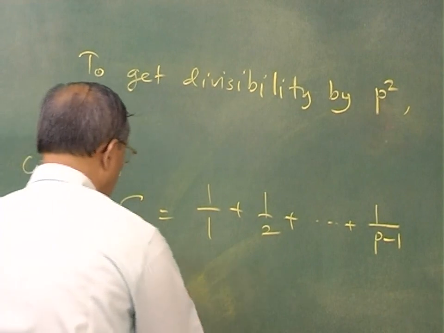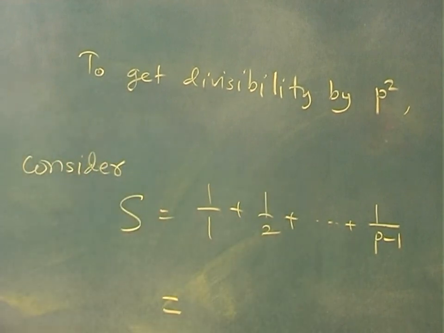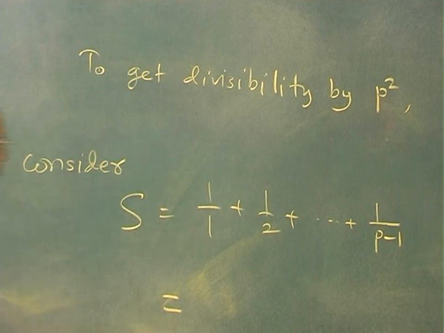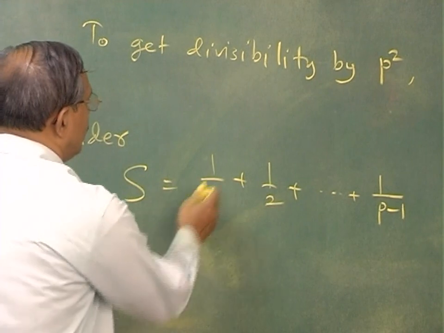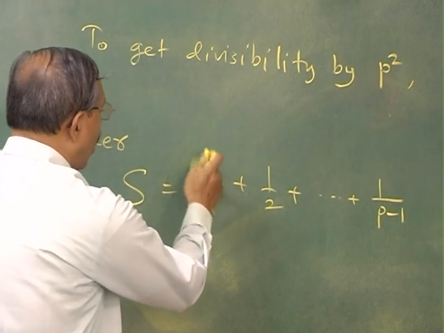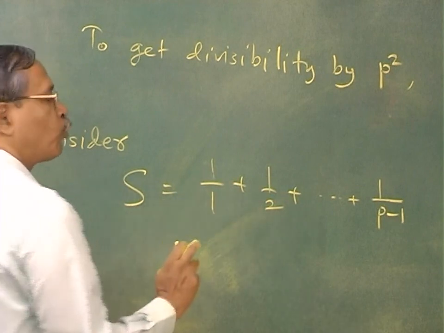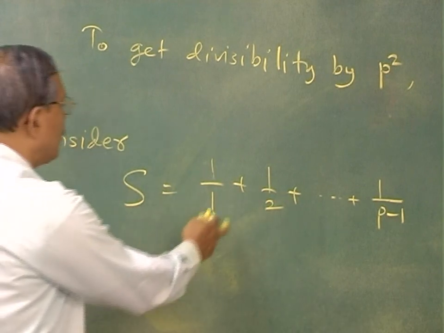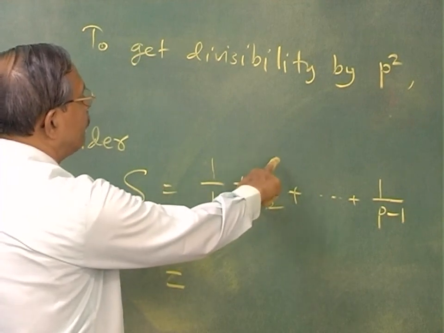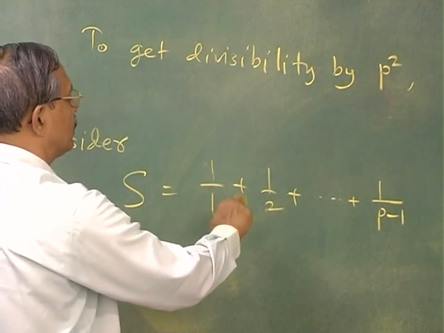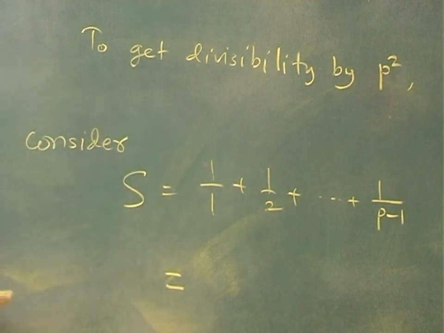Suppose you take the common denominator as p minus 1 factorial. What do you get here? The numerator will be all terms from 1 up to p minus 1 except the number 1. Here the numerator will be 2, 3, 4 etc. up to p minus 1.